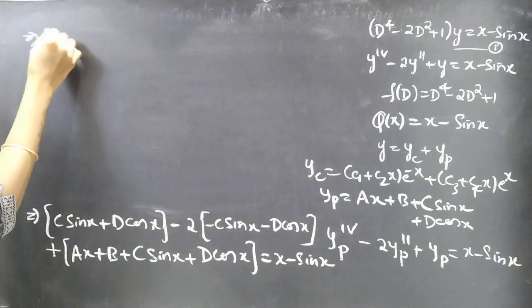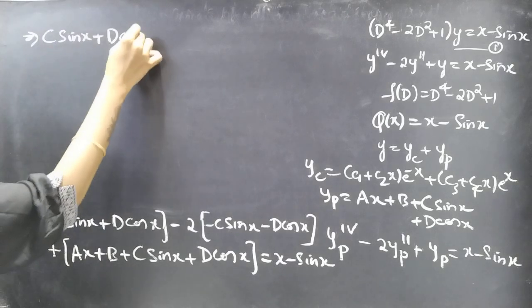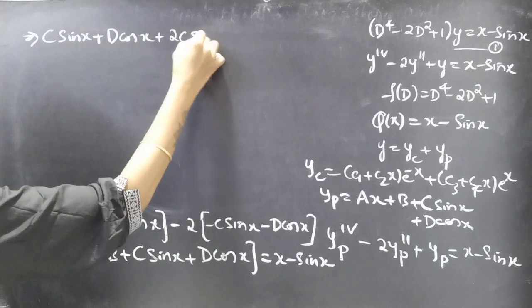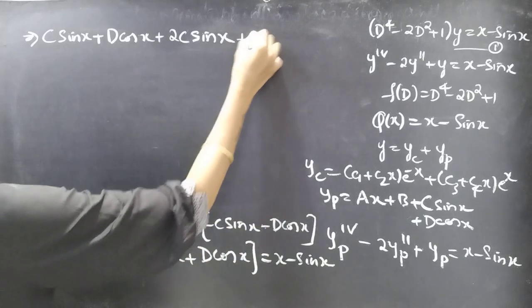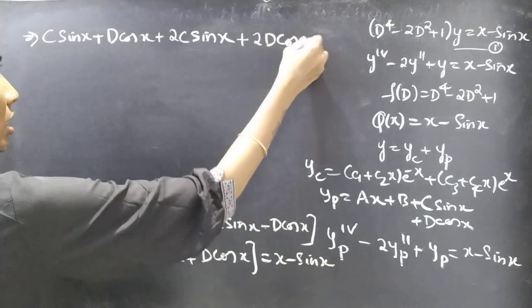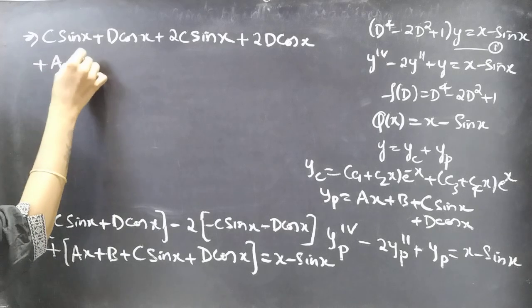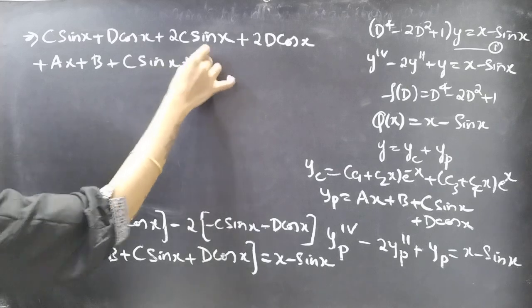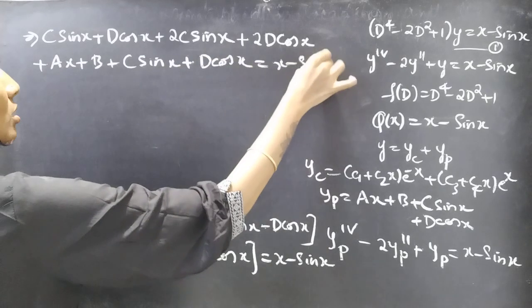This gives us c sin x plus d cos x, minus into minus plus 2c sin x, minus into minus plus 2d cos x, plus ax plus b plus c sin x plus d cos x, equal to x minus sin x.